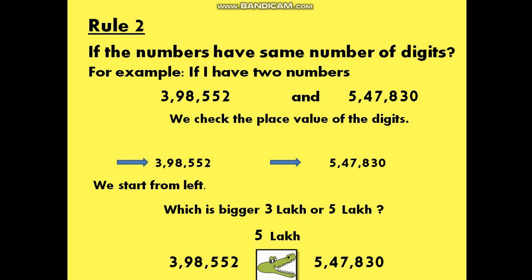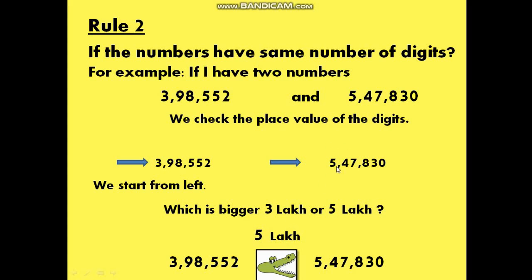In fact, in expanded form and standard form or the short form. Now, we always check the place value of the digits and we start from the left. This is the rule. We always start comparing from the left side. Now, the digit at lakhs place is 3 here. So, the value is 3 lakh.